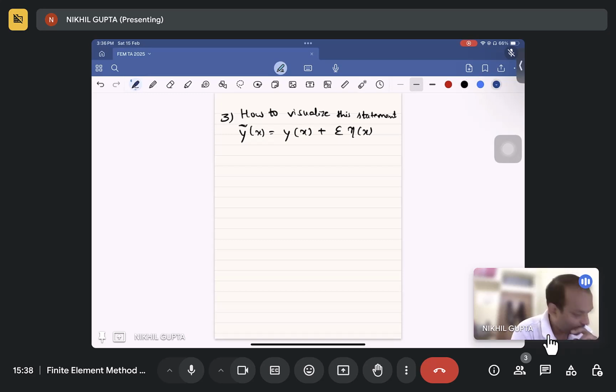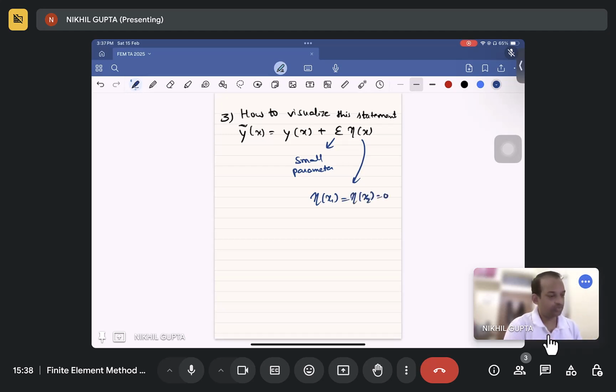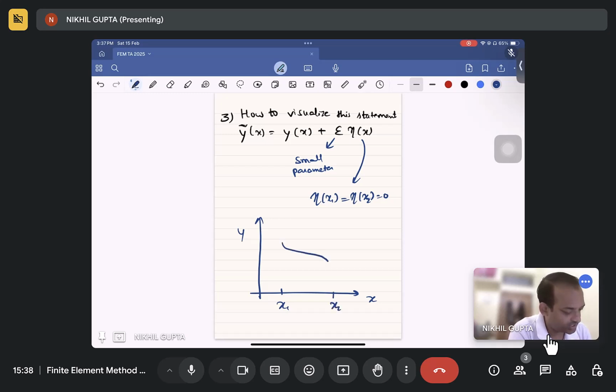So in this problem, epsilon is a small parameter, and eta has a condition that eta at x1 equals eta at x2 equals 0. Let's say we have a graph like this, this is x, this is y, and at some x1 and some x2 it is bounded by y(x).